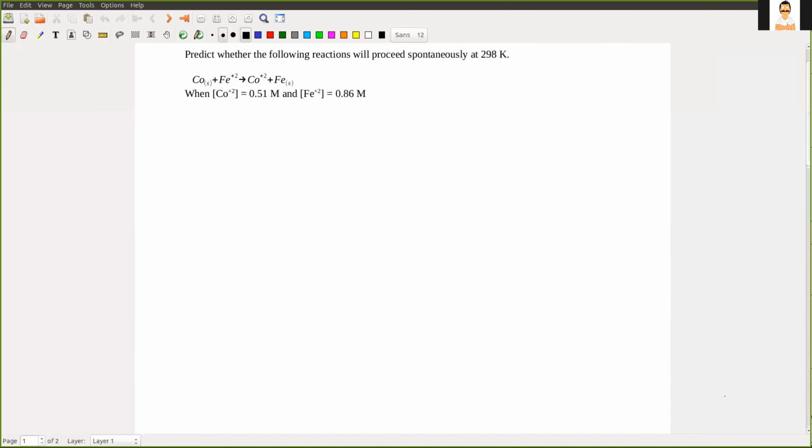The Nernst equation is simply: the cell potential is equal to the cell potential at standard state minus RT over NF, where R is the gas constant, T is temperature, N is the moles of electrons involved in the reaction, and F is Faraday's constant, times the natural log of Q, which we know to be the reaction quotient.